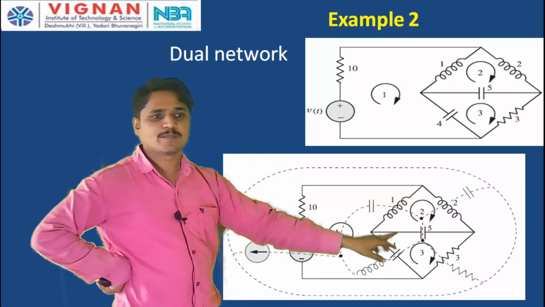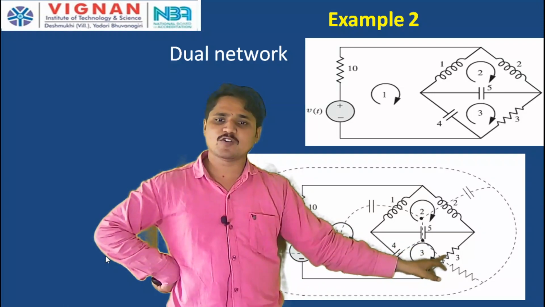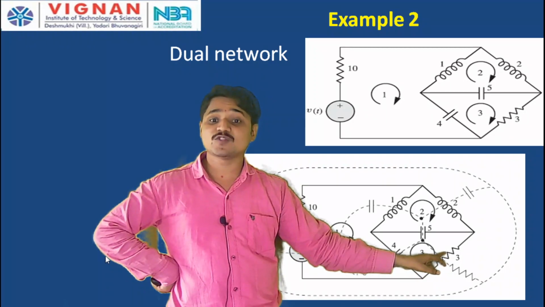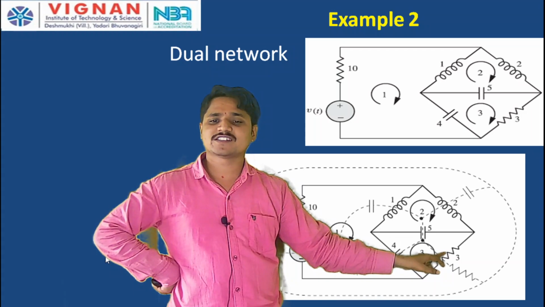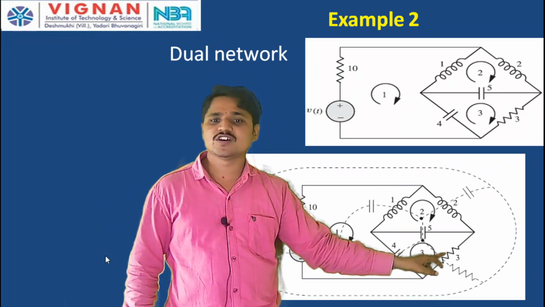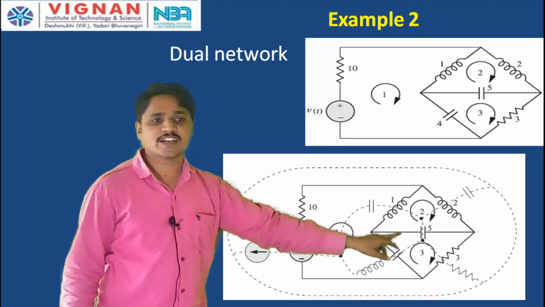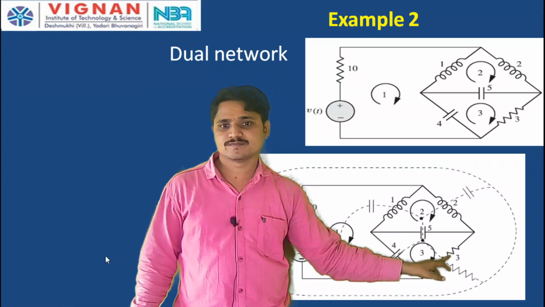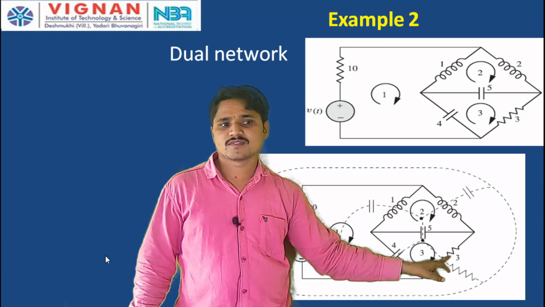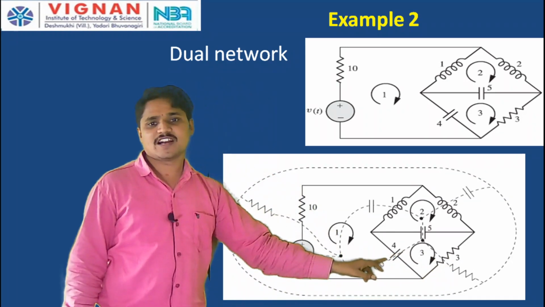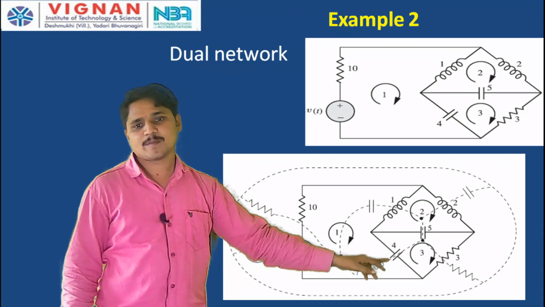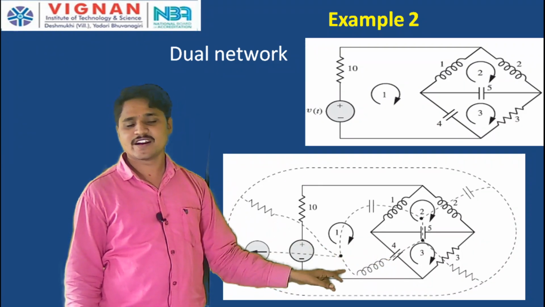Now, between this mesh 3, a 3 ohm resistor is there. So, we have to connect 1 by 3 mho conductance, the unit for conductance is mho, to the third node and the reference node, because it is an independent element. Of course, the capacitor we have already connected between node 1 and node 3. So, capacitor is replaced by inductor, 4 Henry inductor.